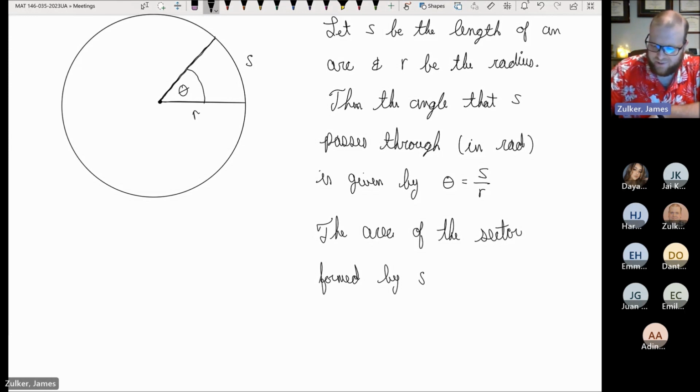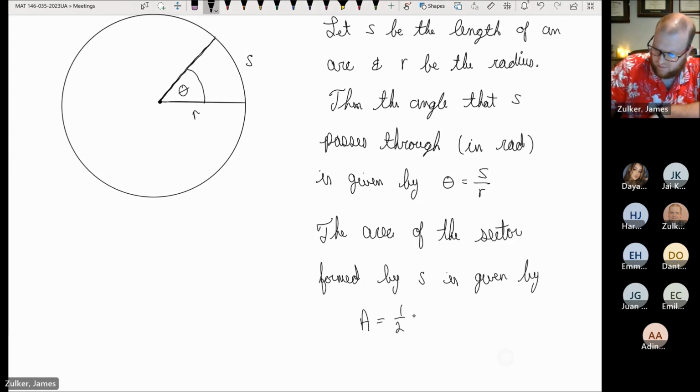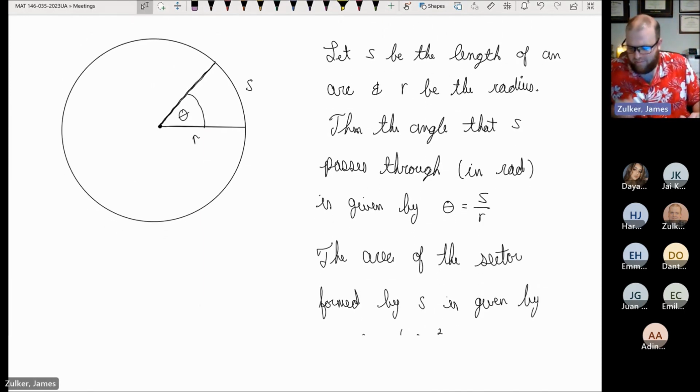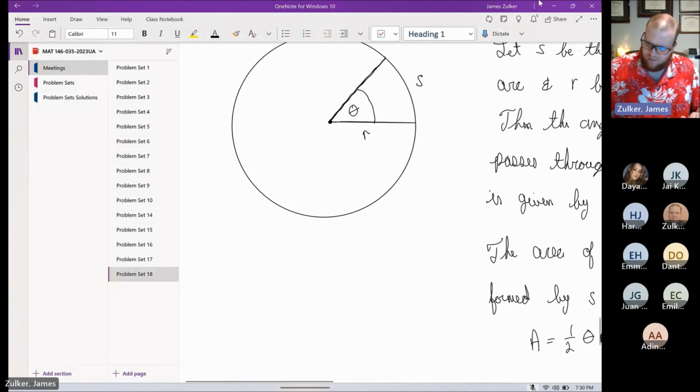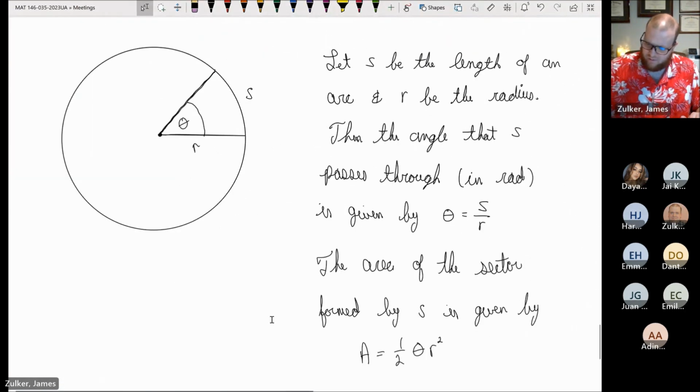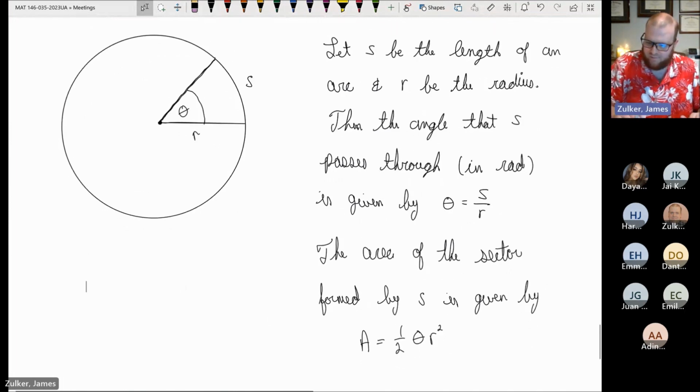The area of the corresponding sector is 1/2 theta r squared.